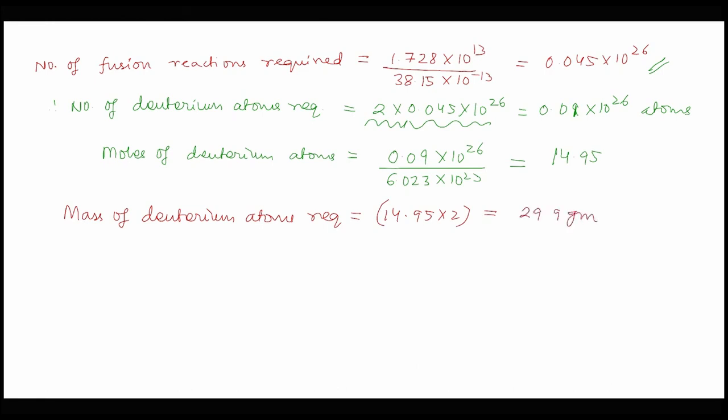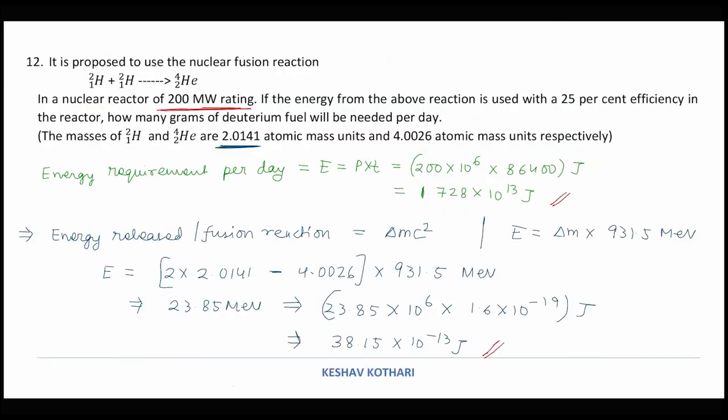If we come to this problem one more time, the question gives us one more piece of data: the energy released is used with a 25% efficiency. Since the efficiency is 25%, we need to make sure that a larger mass is provided. So we need to do one last calculation.